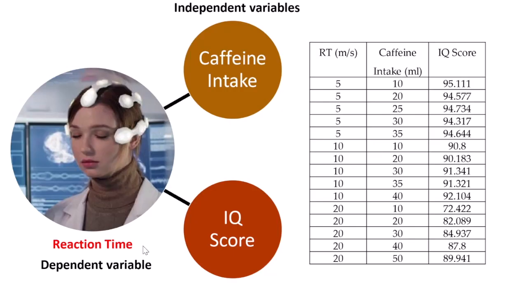Okay, our reaction time or the y variable, our first independent variable, caffeine intake or x1, and IQ score x2. So this is the data. The reaction time is in milliseconds, the caffeine intake is in milliliters, and the IQ score doesn't have any unit.